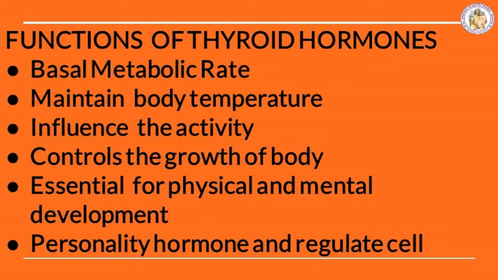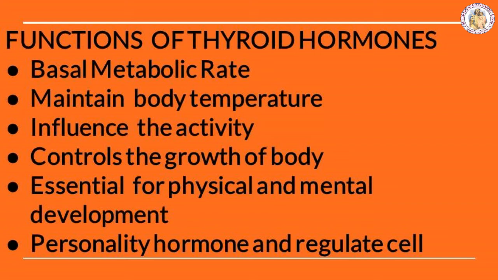Functions of thyroid hormone. The first one is basal metabolic rate. Did you hear the word BMR? It is the production of energy and maintenance in the body, that is called BMR. It also helps to maintain normal body temperature. Third, it influences the activity of the central nervous system.